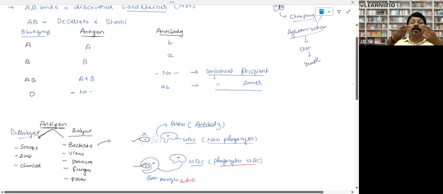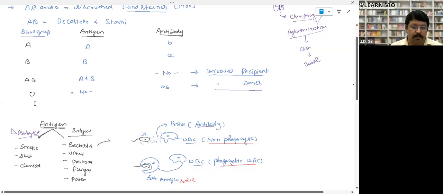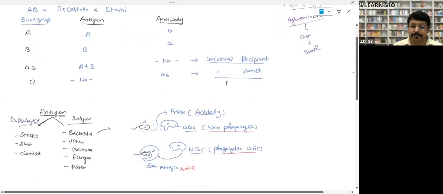That's why it is the universal recipient. It takes blood from any blood group. O blood group does not have antigen, but it has A and B antibody. That's why this is the universal donor. Right? Clear? Yes, sir.